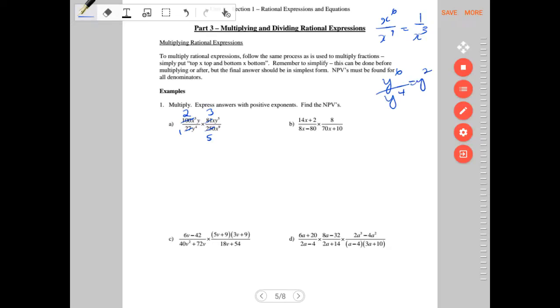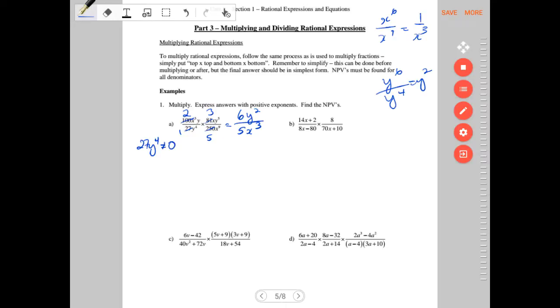Let's multiply then with what we've got. 2 times 3 is 6. And we had a y squared on the top, all over 1 times 5 is 5, and we had an x cubed on the bottom. Please note that we again have denominators, so we have to find the NPVs for each. 27y to the 4th cannot be 0.